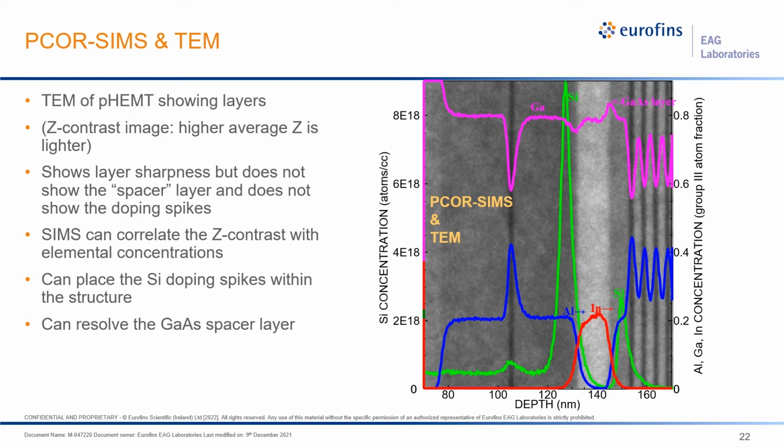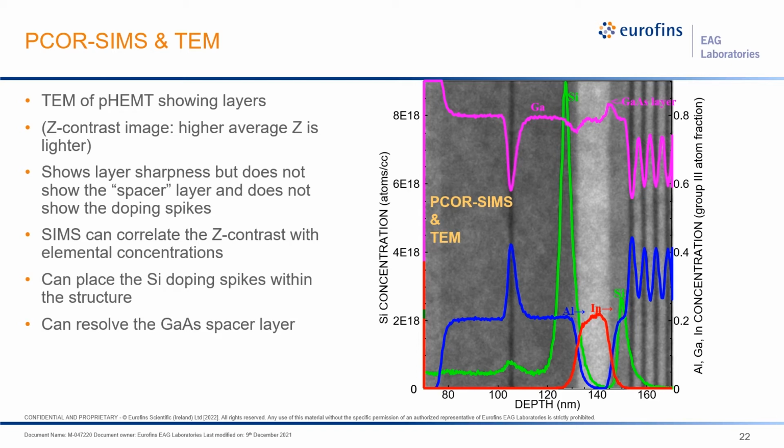But SIMS inherently, because of the atomic mixing, as I showed in my third slide, cannot measure atomically sharp interfaces. That needs to be done in atomically resolved electron microscopy to really see the sharpness of these interfaces or in the superlattices.